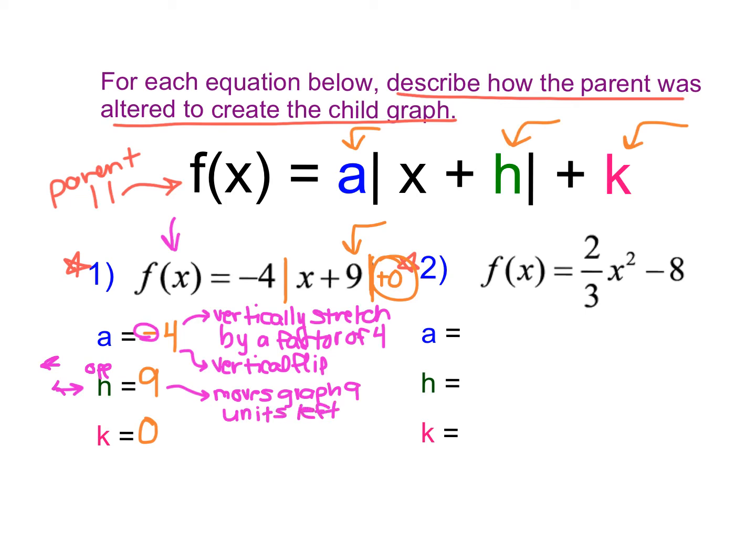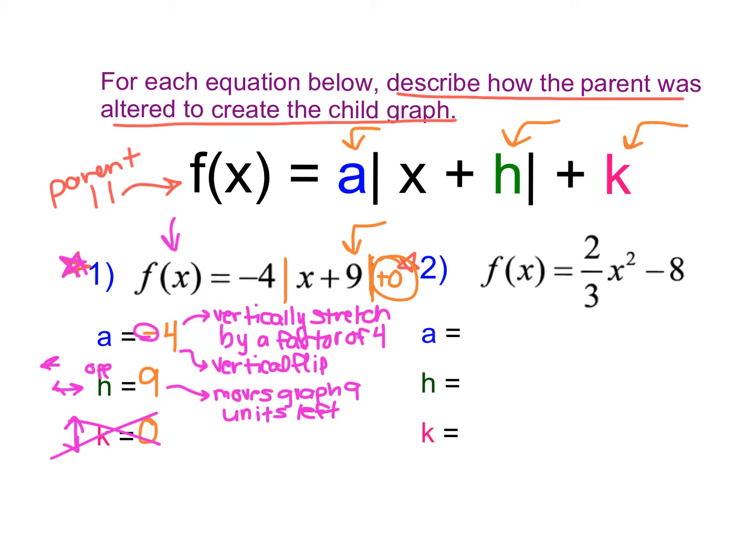And then finally, this k value of 0, well, k is typically our up and down change, how we shift the graph up and down, but because k is 0, there is no change here. So we've now learned that in order to create the child graph in number 1, it would vertically stretch by a factor of 4, vertically flip, and move the graph 9 units left from that parent graph.